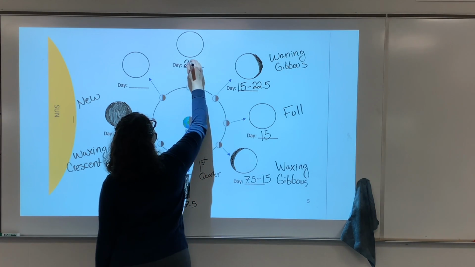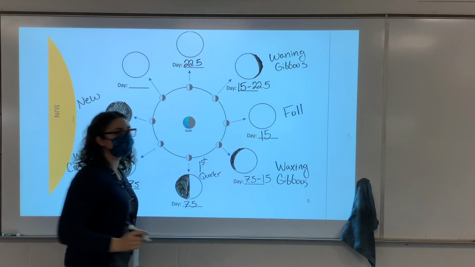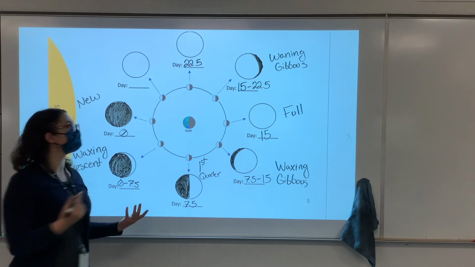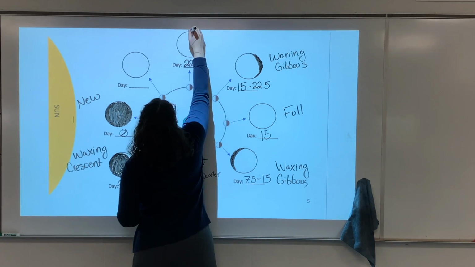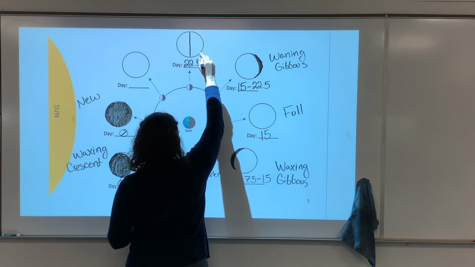On exactly day 22 and a half, we get our last or third quarter moon. And so the left half of the moon is illuminated.